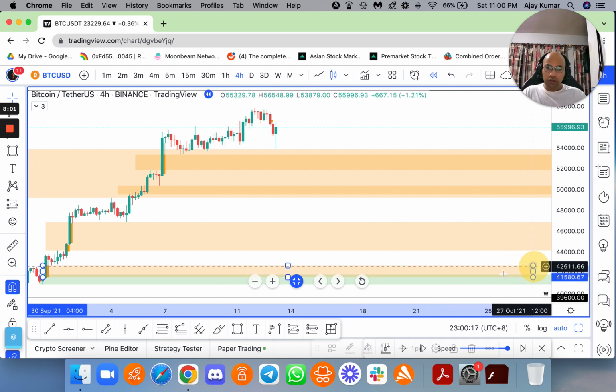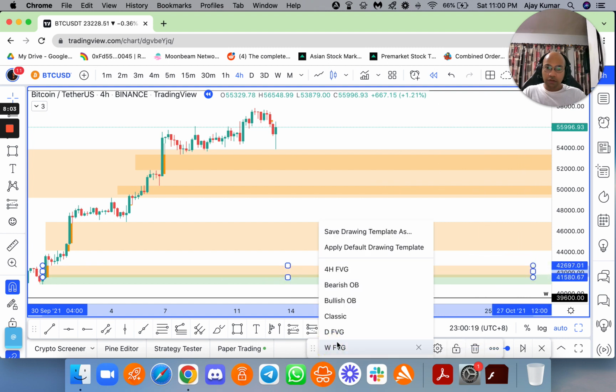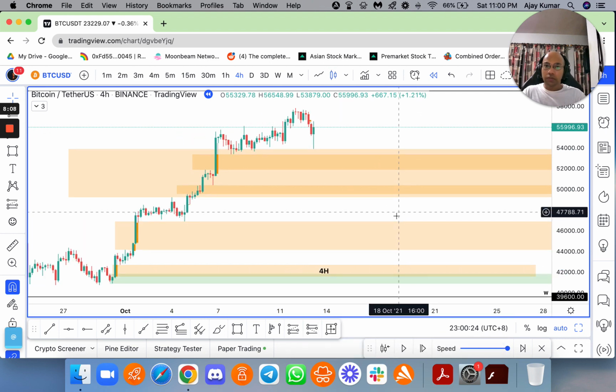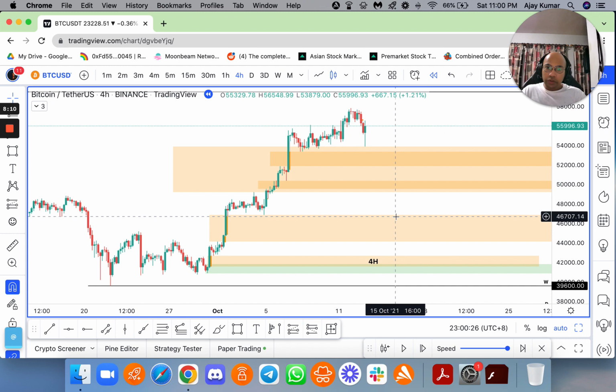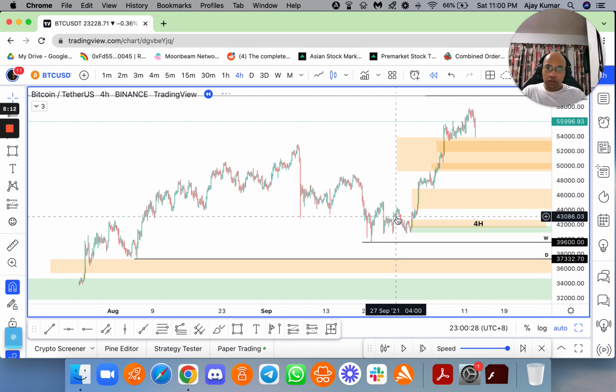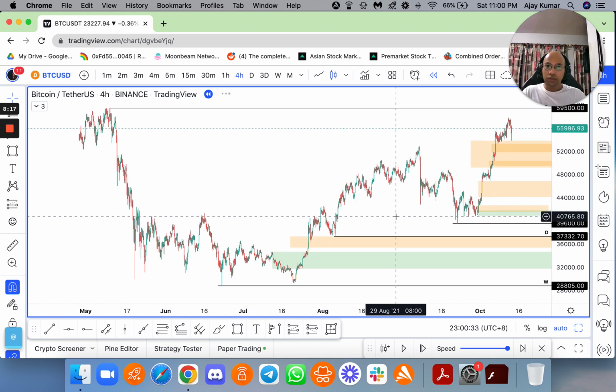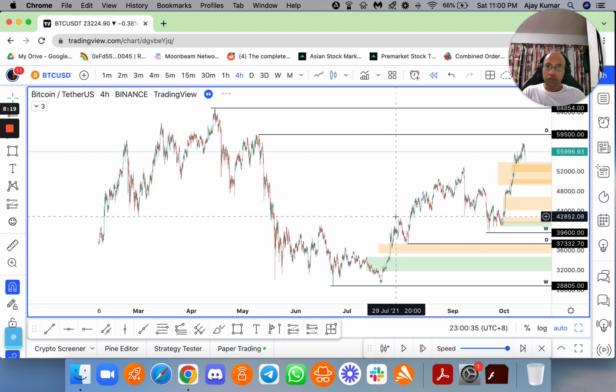Let's mark that out. Fair value gap, 4-hour fair value gap. Any other pivots? So far, nope, I don't see any other pivot.